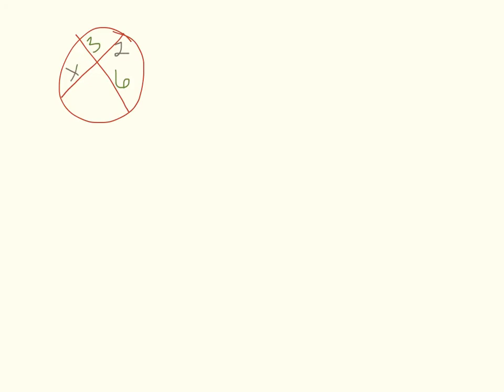Well, then we're going to go ahead and just do what we called part. So in other words, we're going to take the two parts of one, multiply them together, and set them equal to the two parts of the other. And then we're just going to solve it. So we would get 18 equals 2x, and in this case, x will equal 9.